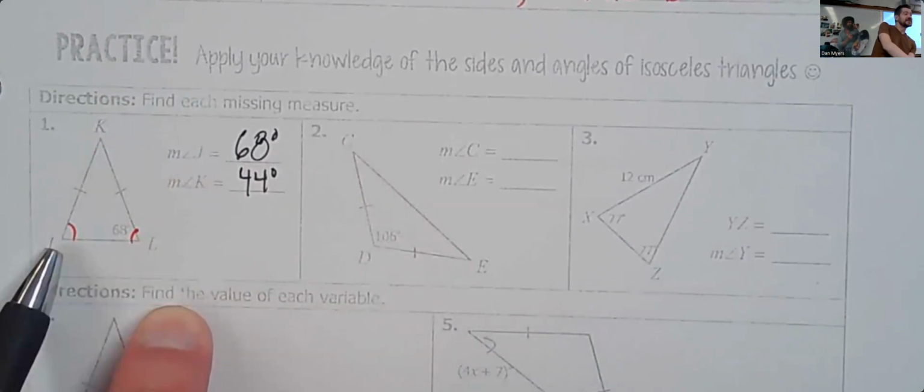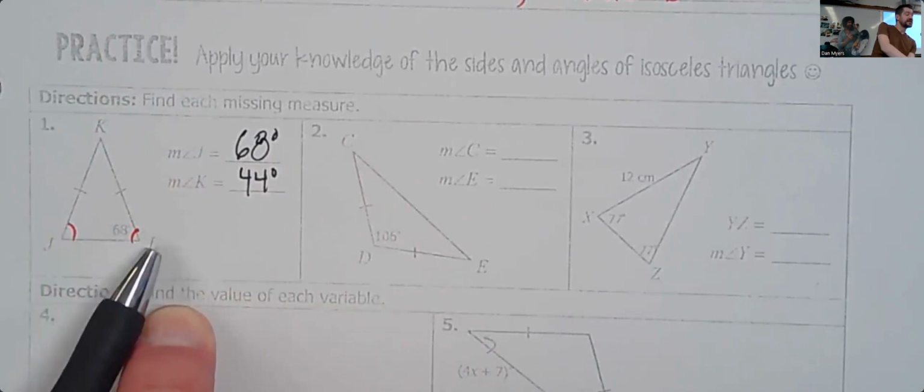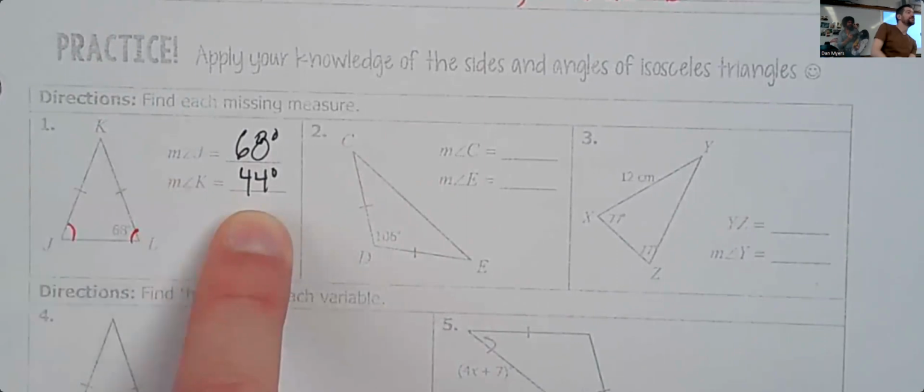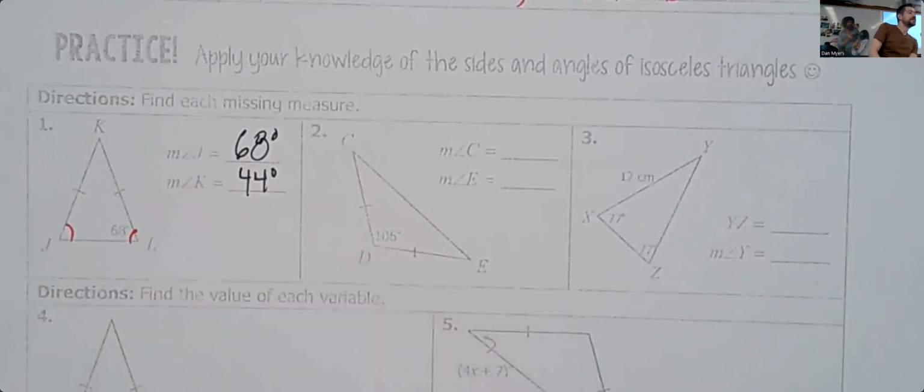That one also has to be 68. Triangles add up to 180. So if two of the angles are each 68, take them both away from 180, and you're left with 44. So 68 plus 68, and then take that away from 180, and use what we used yesterday, the triangle angle sum theorem.